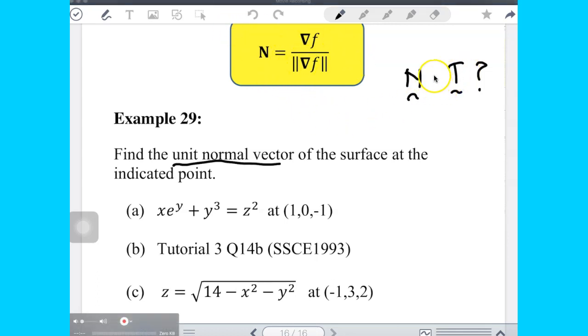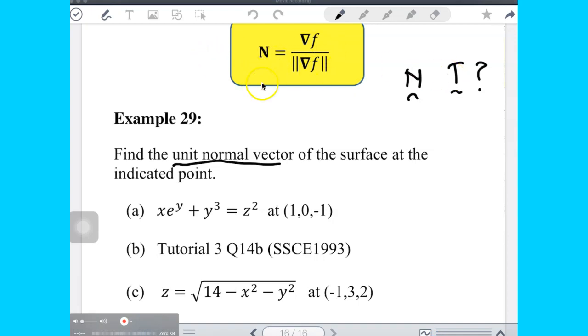If you have the unit normal vector from the unit tangent, you have the vector function. You are given r, and then you have to evaluate r prime, and from there you evaluate T. That is telling you the vector function of the curve in space, or the vector function of the curve in 2D.